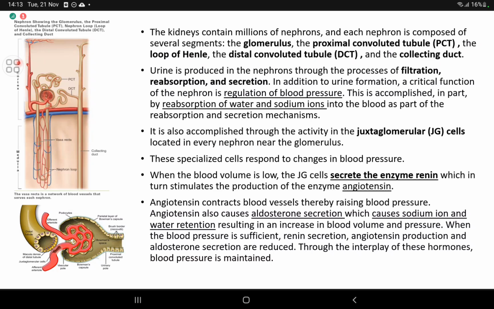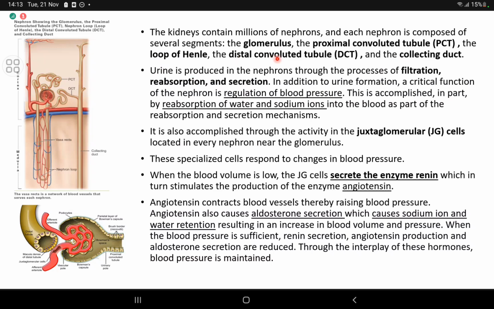I give you a few seconds, you go and match which one belongs to which one. Okay, glomerulus is here, proximal convoluted tubule or PCT is here, and loop of Henle is here.